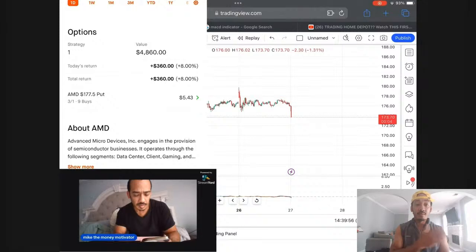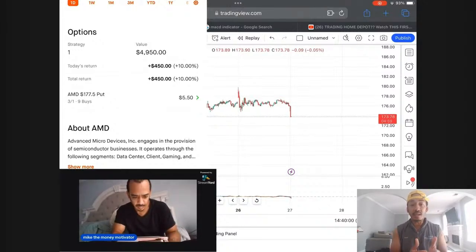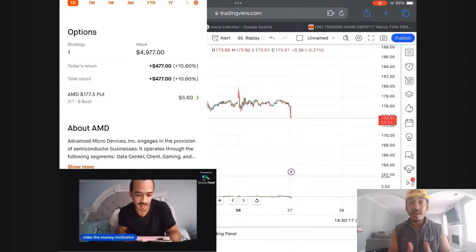So we're already up like 400, and this is in seconds. That's with 9 contracts. Of course, if you have 2 contracts, it's going to be less. If you have 5 contracts, it's going to be less. But this is literally $500, $540 in minutes.